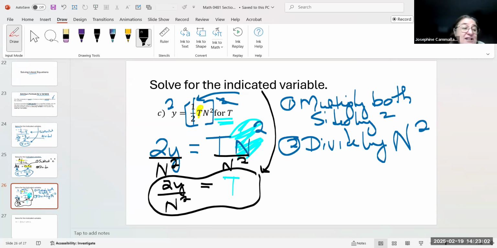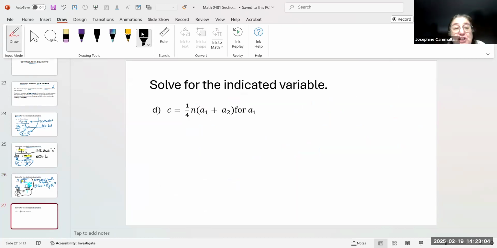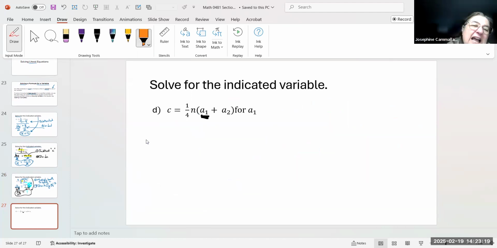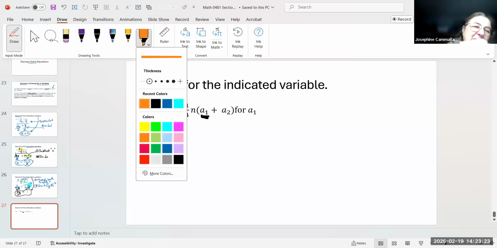Now, this is our last one for today in this section. Okay, first off, we want to get this term inside of the parentheses. Well, just like before, I have this fraction right here.